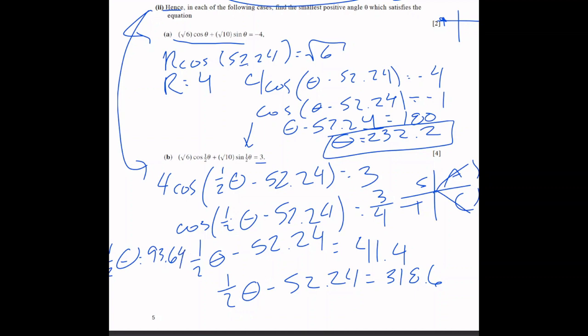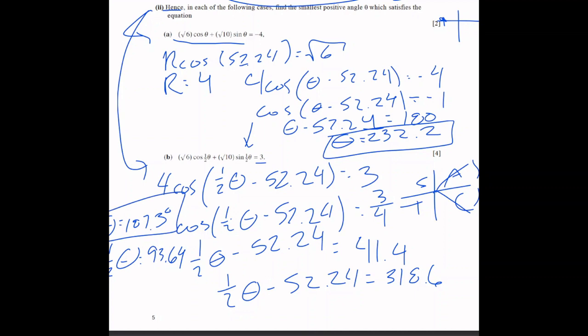And then I have to multiply by 2 on both sides to get rid of my 1/2. I'm going to write it above, that way I have room for the other one. Theta equals 187.28, which I'm going to round to 187.3. That's one of my theta answers.